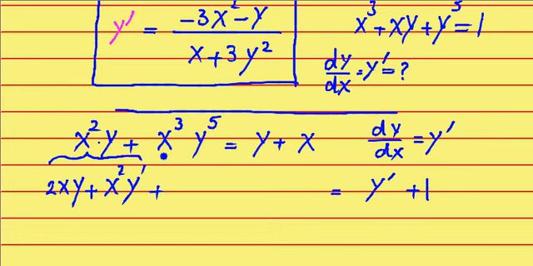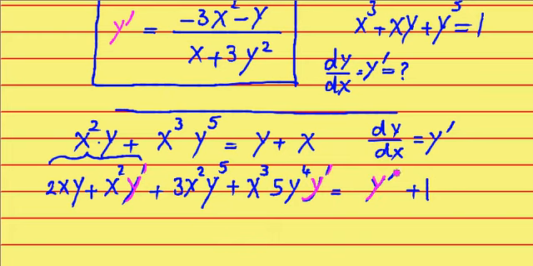Plus, for this one, derivative of the first, 3x squared, that's the derivative of the first, times the second, plus the first, x cubed, times the derivative of the second, y to the power of 5, 5y to the 4, and here's where you shouldn't go wrong. You need a y prime because you're differentiating with respect to something else. Keep in mind that you are trying to find this quantity, y prime.